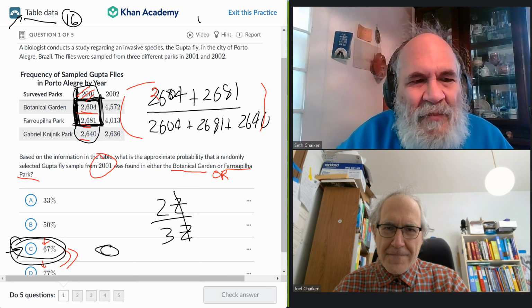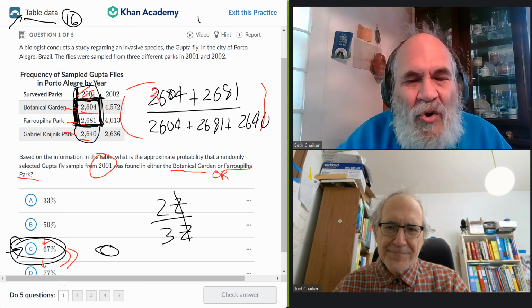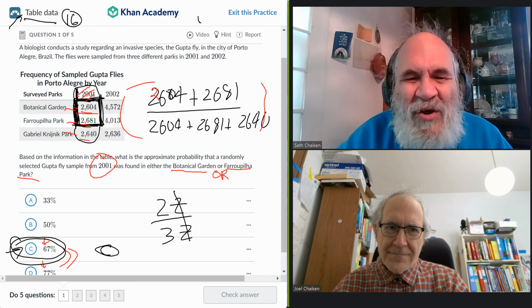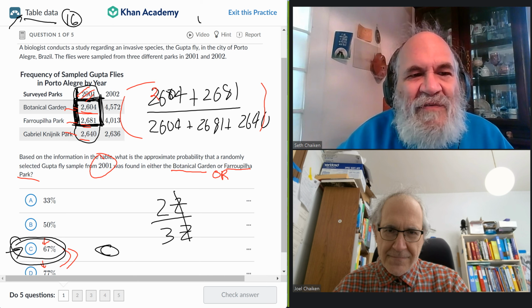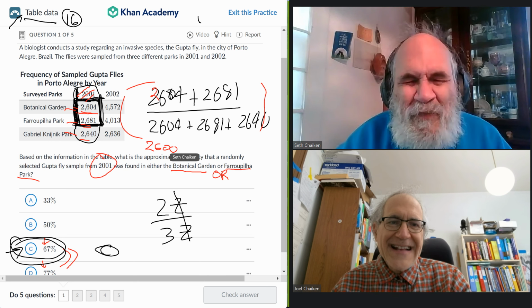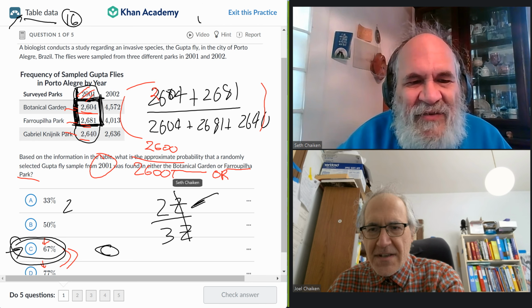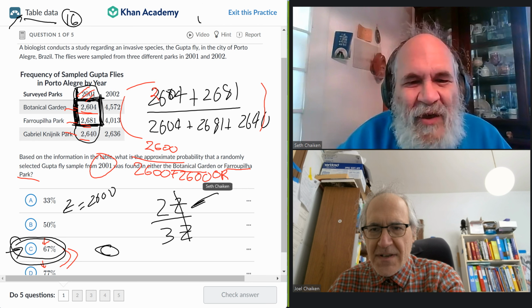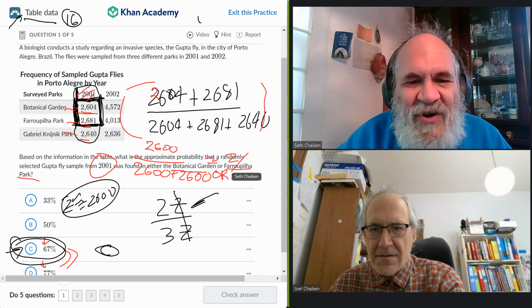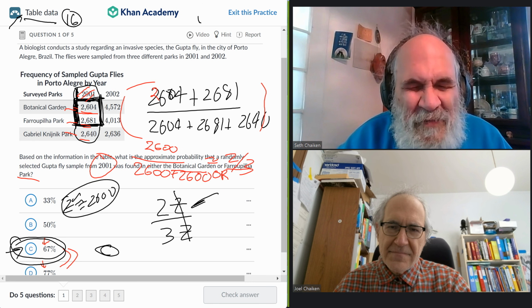These numbers do not differ by as much as 100. So you could approximate all 3 numbers as approximately 2,600, the same number. 2,600 plus 2,600 over the total is 2/3. So bingo, 67% is the answer.